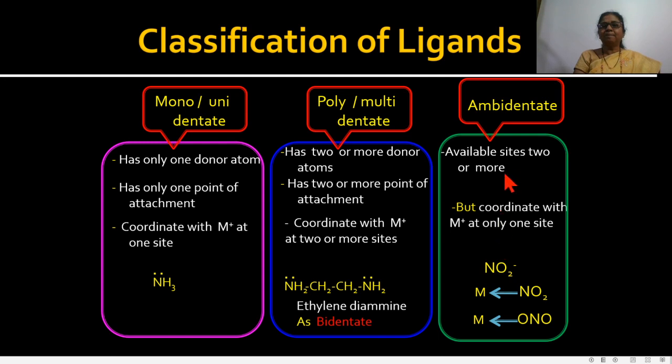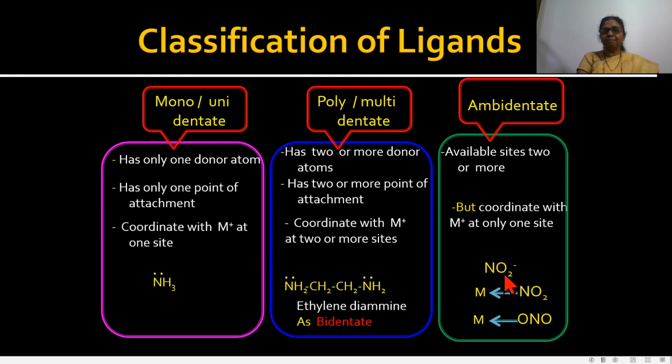Then ambidentate ligands. In ambidentate ligands, the available sites are two or more, but it coordinates with the central metal ion at only one site. There are two or more donor atoms, but they are coordinated from only one site. For example, NO2 minus.